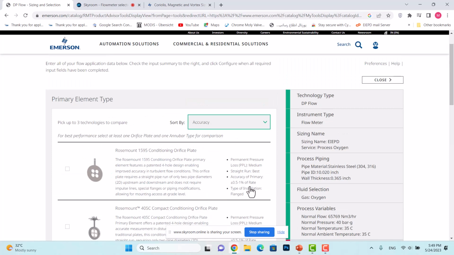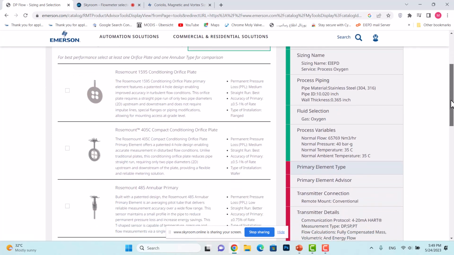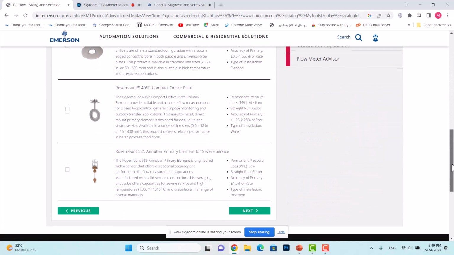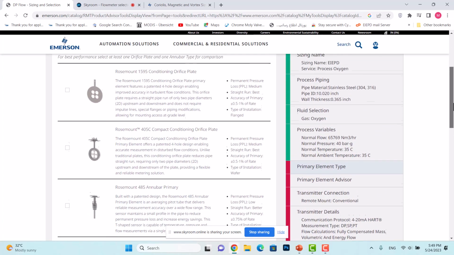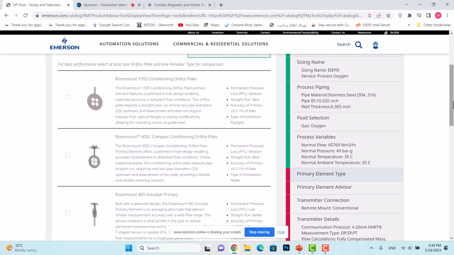Then you go to next, primary elements. By the way, from now on you see some options which you are seeing for the first time. Here my role is not to explain all of them because it is out of the scope of this webinar, because it's going to take a long time.